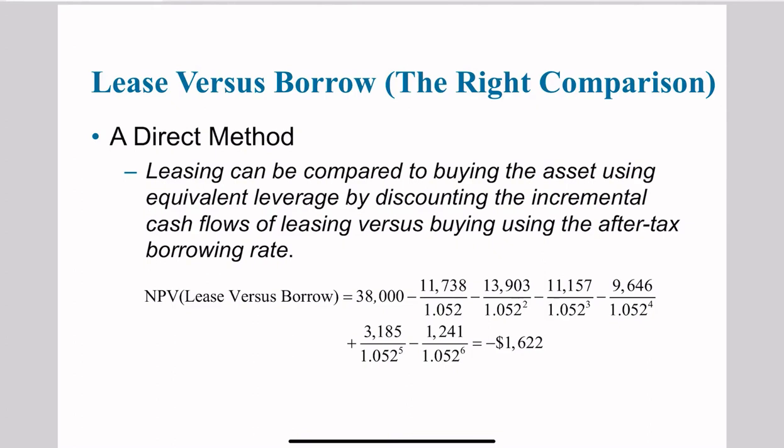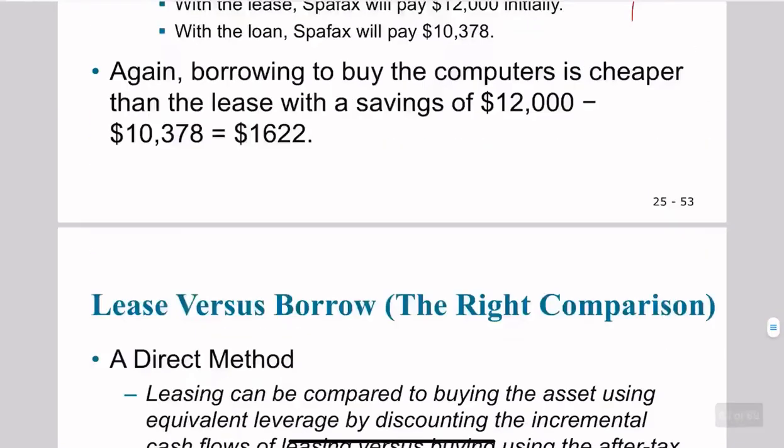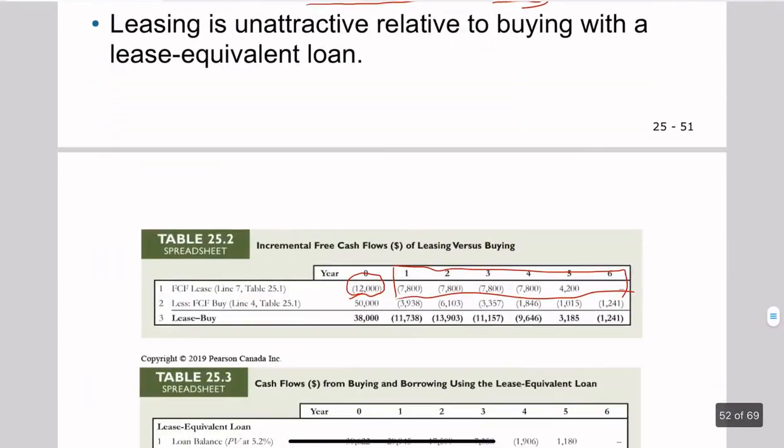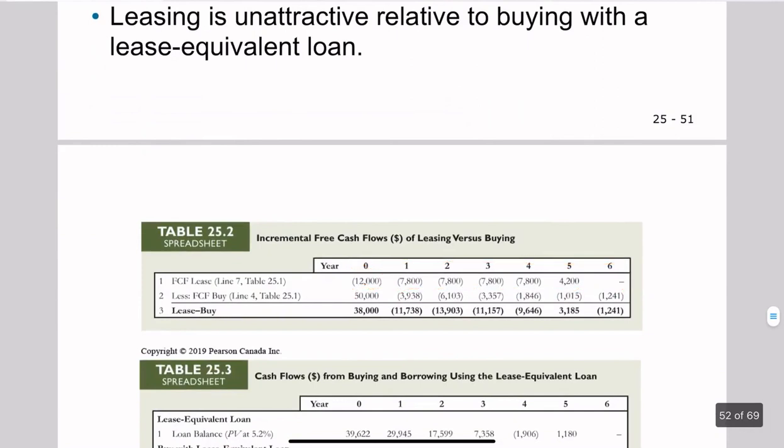What we will do is we will just calculate the net present value of the incremental cash flows from leasing versus buying. That is, we will look at these cash flows and calculate their NPV.